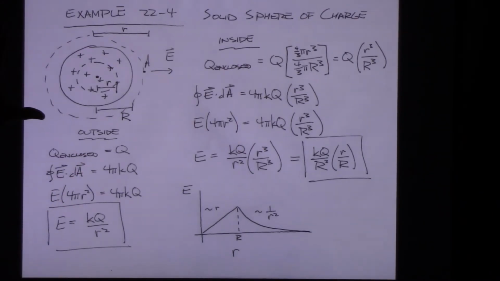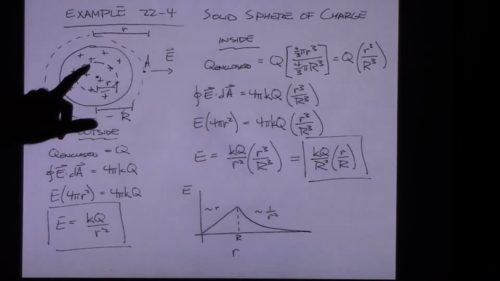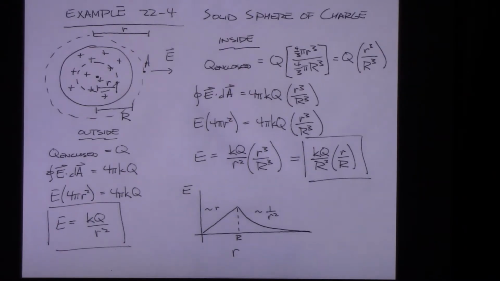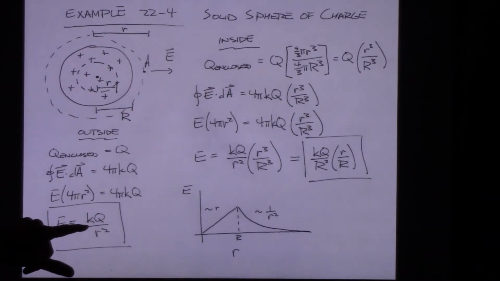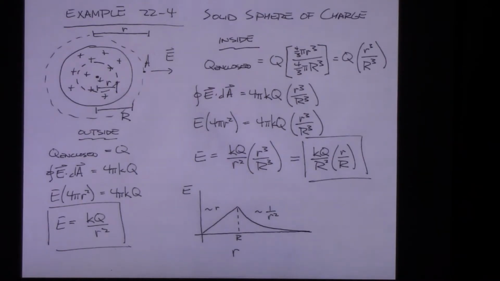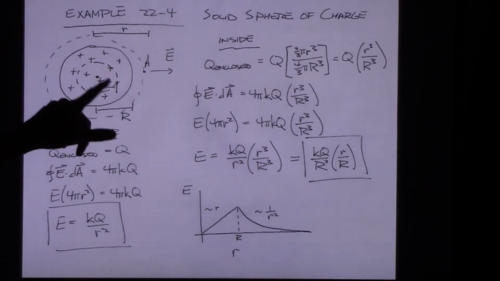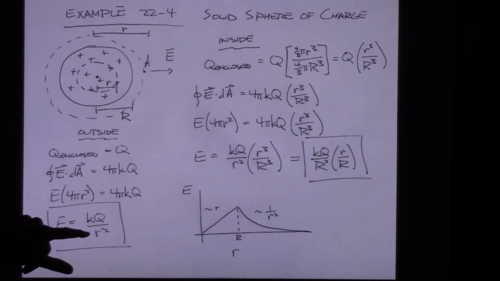Now, if I'm outside this charge distribution, and this charge distribution has a total charge of Q, then I can write that into Gauss's law, 4 pi kq, and when the 4 pi's cancel, I get an electric field that's kq over r squared. So just like the case where we had a spherical shell, again, outside of this spherical distribution of charge, the electric field is going to be kq over r squared.